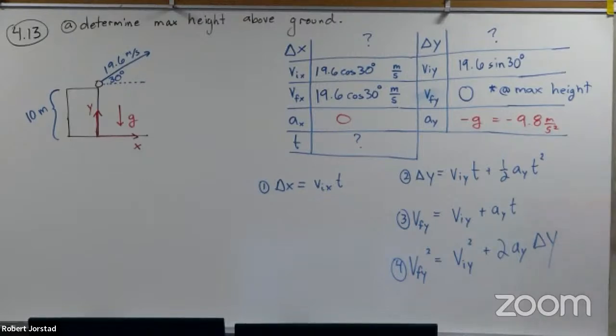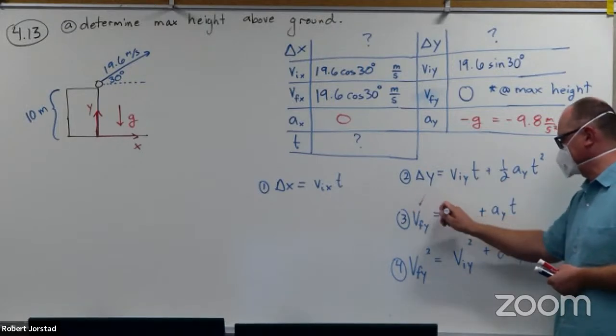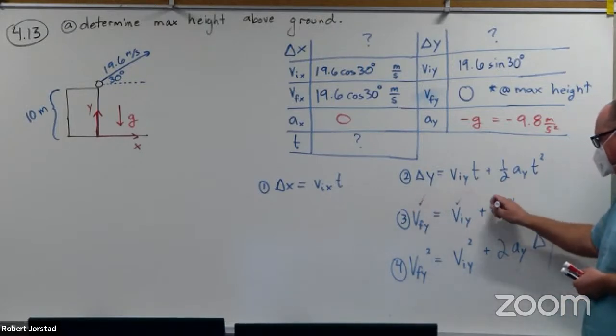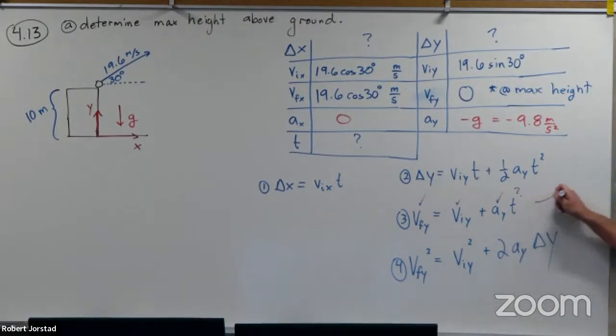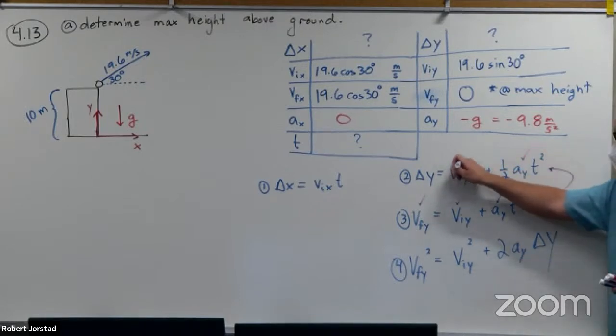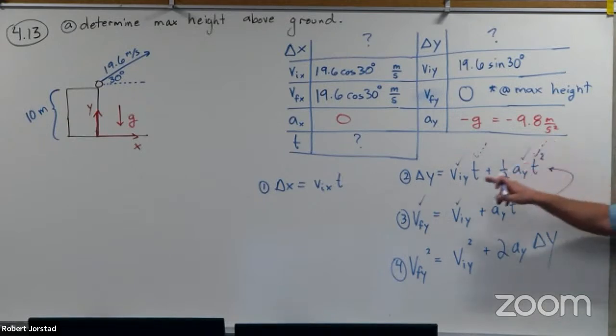What will the third one help us figure out? We know this, we know this, we know this. Do you agree that gets us the time? You could take that time and plug it in here. We would in theory know this. You could get delta Y.